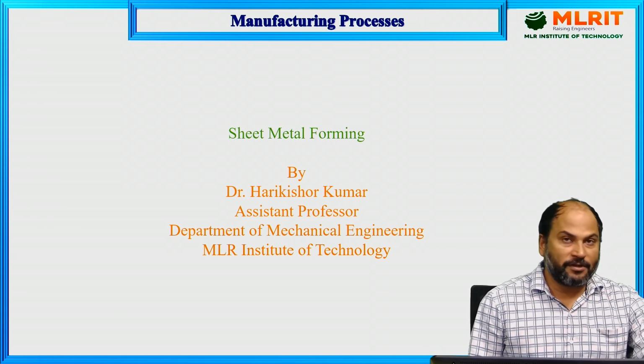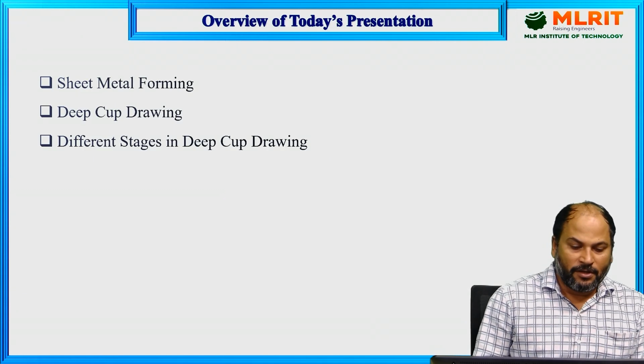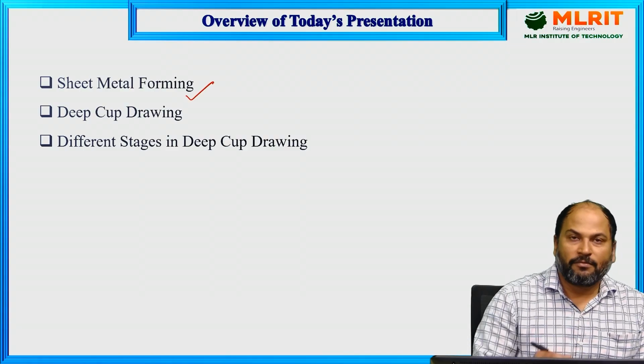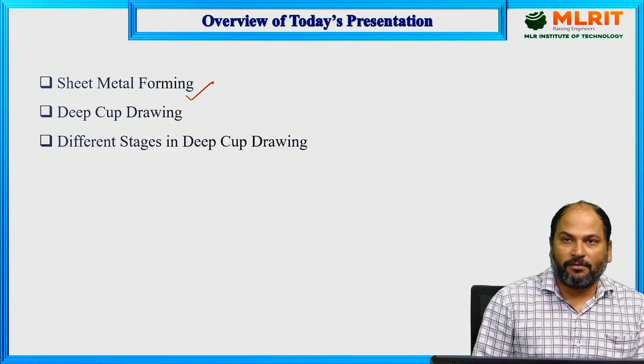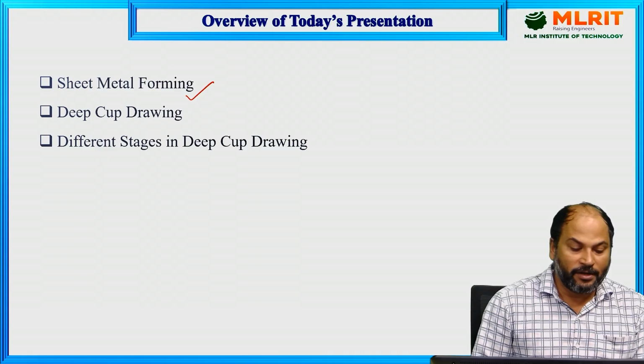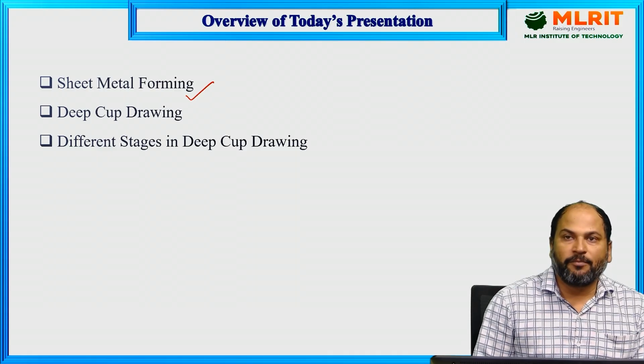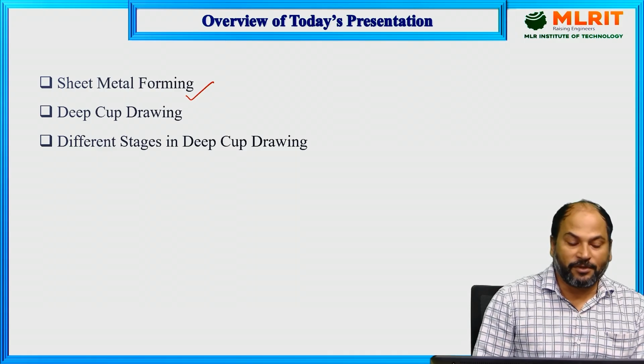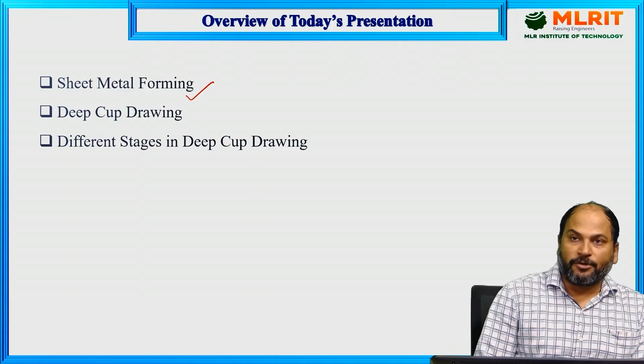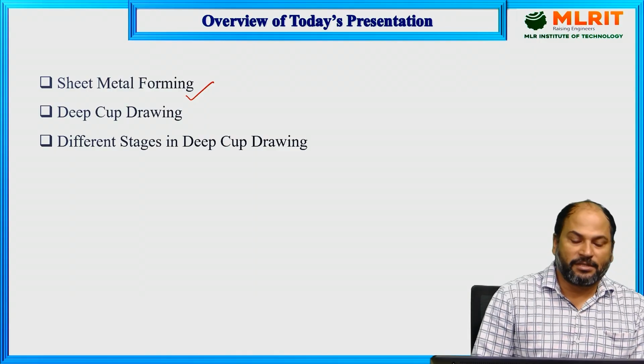So, in today's lecture, in sheet metal forming, we will start with what is the meaning of sheet metal, what is the meaning of sheet metal forming. Then, of course, the very important process in sheet metal forming is deep cup drawing that we are going to discuss in today's lecture.